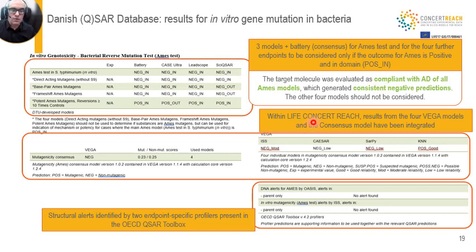Thanks to the collaboration within LIFE CONCERT REACH, the results from the VEGA models and the consensus model have been integrated as well recently. And finally, as mentioned, we also have the results from the two profilers from the OECD QSAR Toolbox.